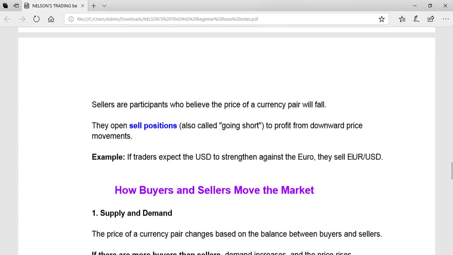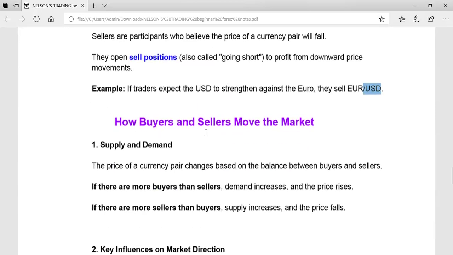Previously we said that we expect the euro to gain in value so that we can buy. But now at this point we want to sell, so we are anticipating the USD to strengthen in value. This is now the opposite. Last time we were saying the euro will strengthen, but now we are saying that the USD will strengthen, so we are going to sell.